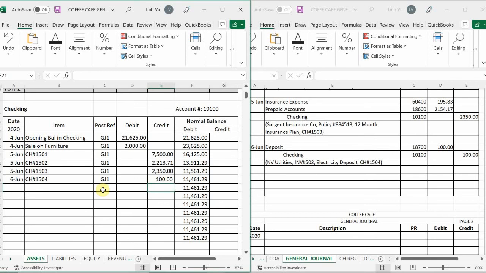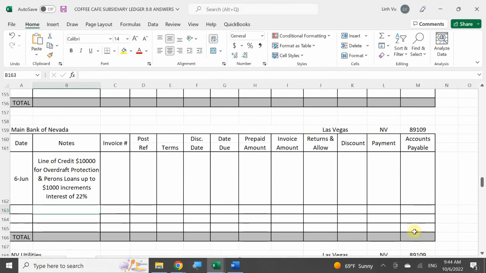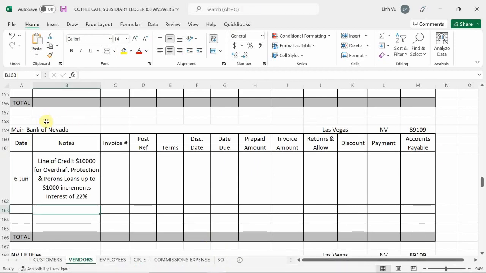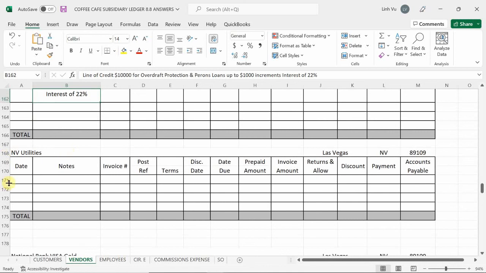Okay. So because we have to deal with NV Utilities at one given point in time, we also have to make sure that our deposit went through so the electricity can be turned on. So in this case, I need to go ahead and put this in my subsidiary ledger for NV Utilities, which should be right underneath Main Bank of Nevada.